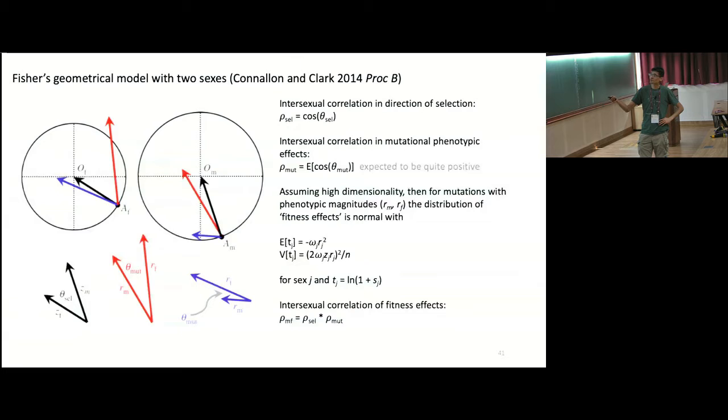So one nice, simple result is that the correlation in fitness effects between males and females will be the product of the correlation in the direction of selection between the sexes, which depends on this angle, and the correlation in mutational effects, which is basically the average of all these thetas across all mutations that could happen. Which, if you think about it, makes intuitive sense.